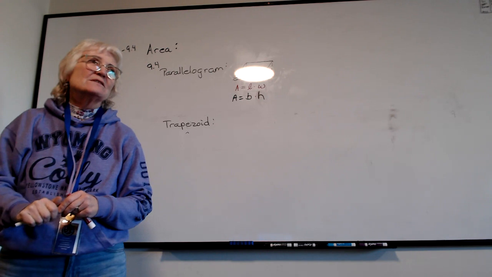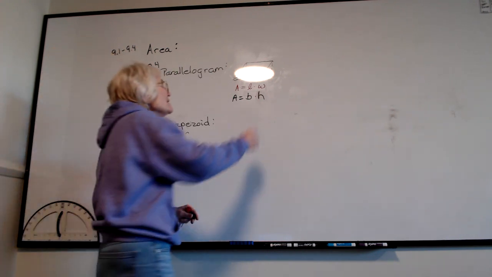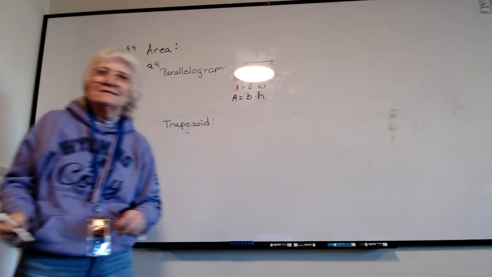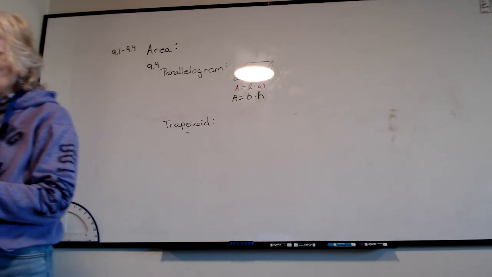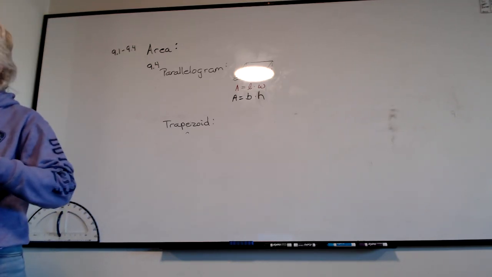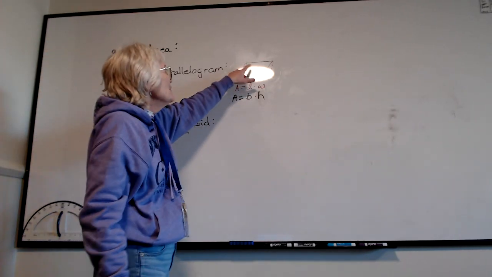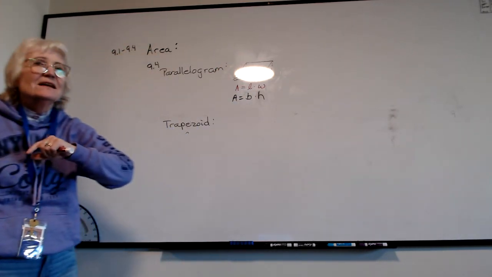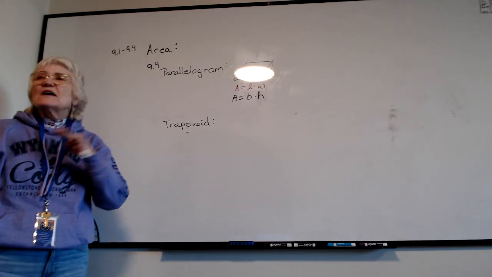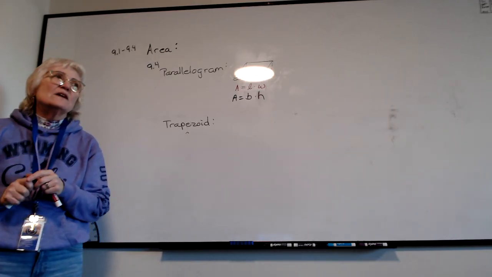This formula is so much easier. The trick is finding that height. Sometimes they'll give you the height, and sometimes they'll give you the length so you can find the height. You really have to know what you're looking at.